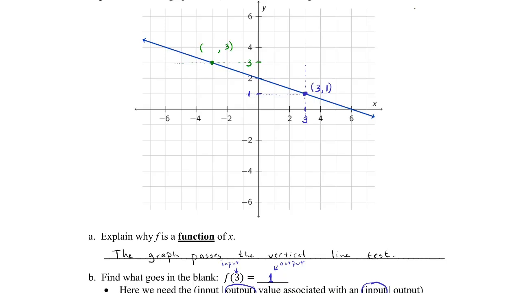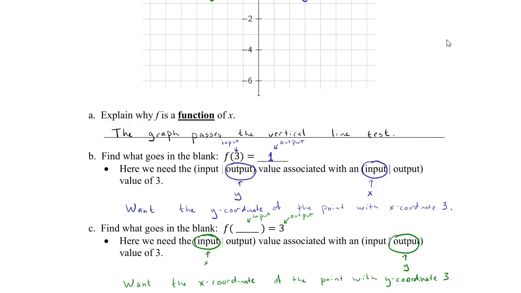What's the x-coordinate? Well, to find that out, we look down to the x-axis. We see we're halfway between -4 and -2. So this must be -3. This is the point -3, 3. And so the input that gives output 3 is -3.